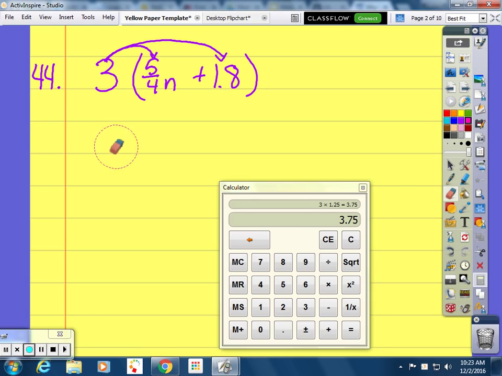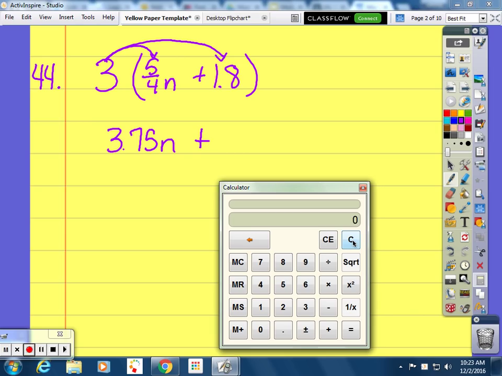So 3.75, and then don't forget your n. Plus sign stays. Then I'm going to do 3 times 1.8. That's going to give me 5.4. So I'll look. The one that says 3.75n plus 5.4 is answer choice D. So copy this down. Make sure that you check answer choice D. And this is one of those 5 questions that you should be able to get right now that you probably missed last time.